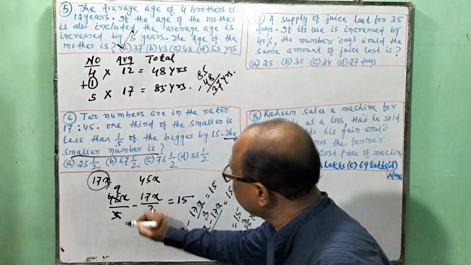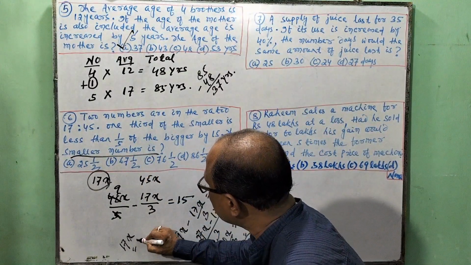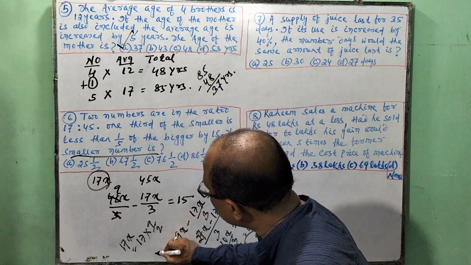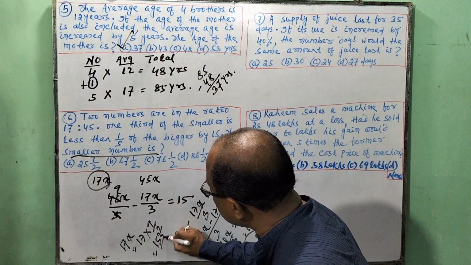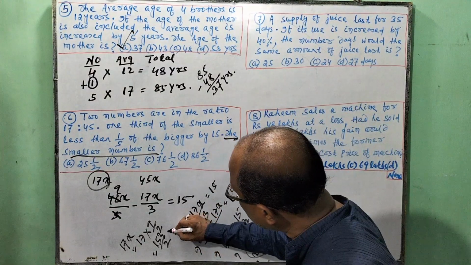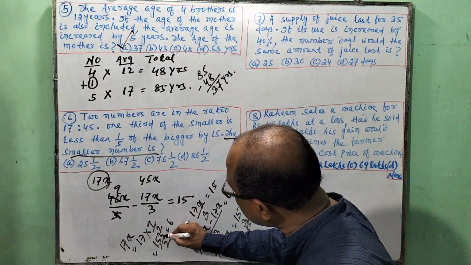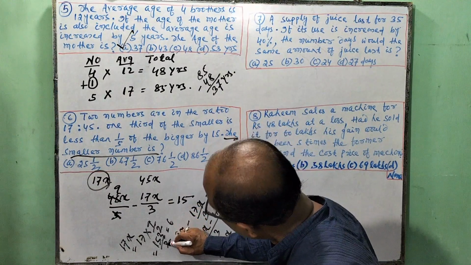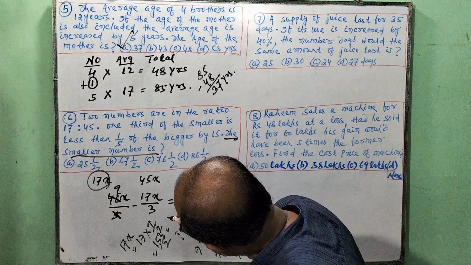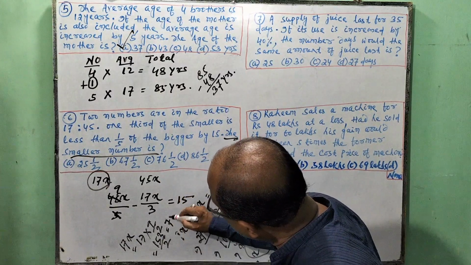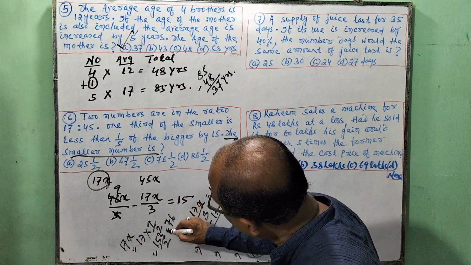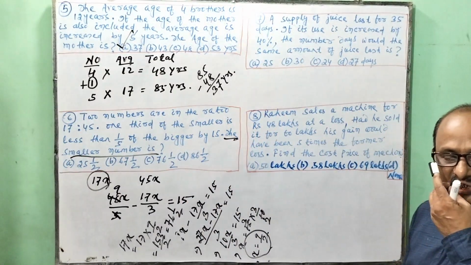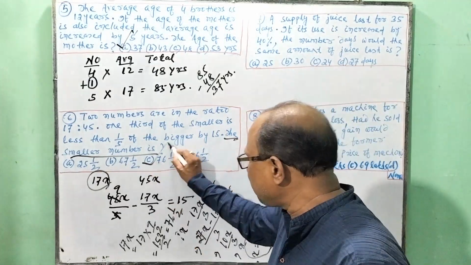So 17x is equal to 17 into 9 by 2, which is 153 by 2. So the answer is 76 and a half.